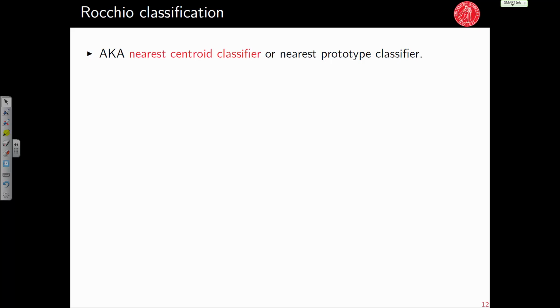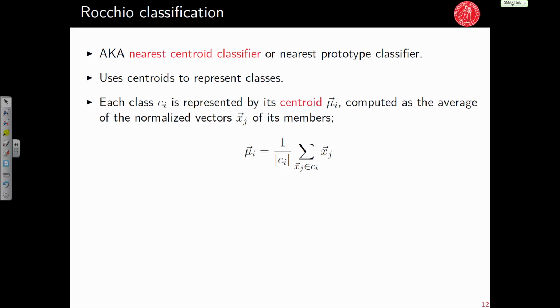In IR, it's called the Rocchio classifier, and Rocchio is the last name of the person who invented this algorithm. As the other names suggest, nearest centroid classifier or nearest prototype classifier, Rocchio uses centroids to represent classes. For each class Ci, Rocchio represents this class by its centroid, mu i, which is computed as the average of the normalized vectors xj of its members.